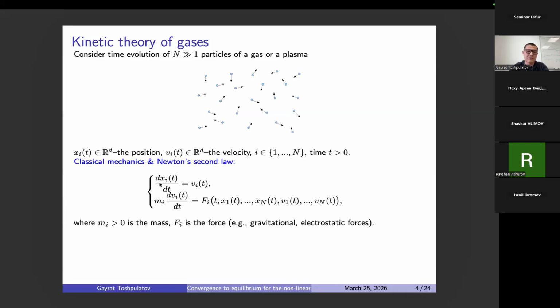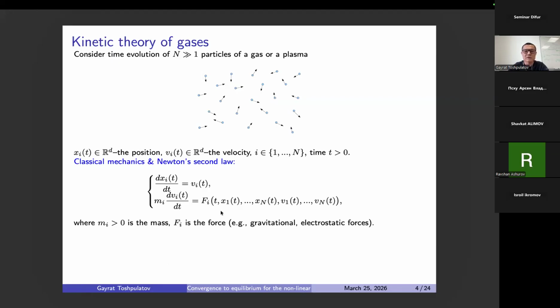ordinary differential equations. So it's according to Newton's second law: the time derivative of the position equals the velocity, and the time derivative of the velocity is acceleration, and mass times acceleration equals the force. So here m_i is the mass, and f_i is the force.